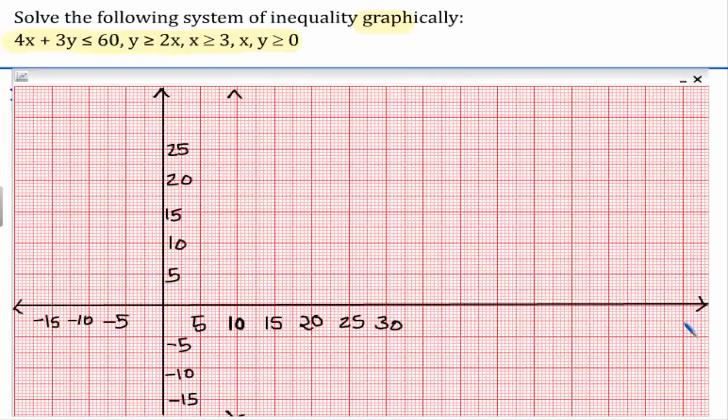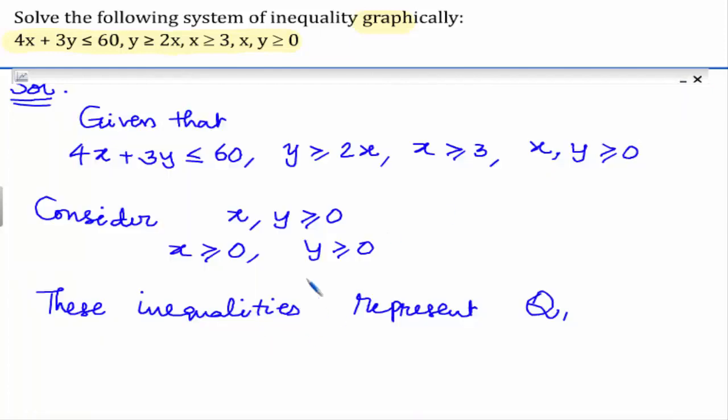Now in this graph, here is the x-axis and here is the y-axis. Because the first inequality has right hand side 60, I have taken the scale with 5 units. Now, the first two inequalities show that they represent Q1.